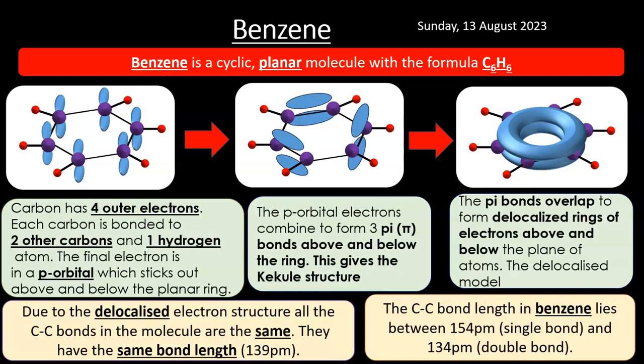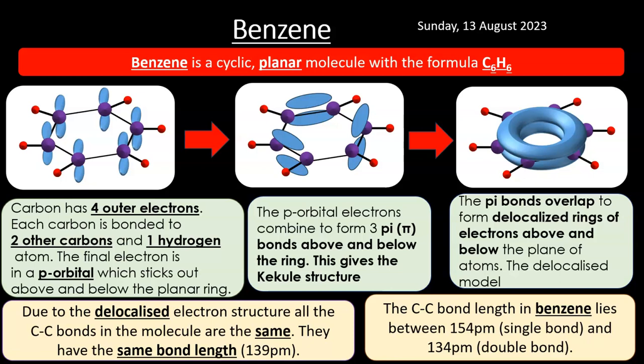Well, this model proposes identical lengths of carbon-carbon bonds. And when we were actually able to measure them, we found that indeed, yes, the carbon-carbon bonds in benzene are all the same. However, they're not the same length as single, and they're not the same length as double.